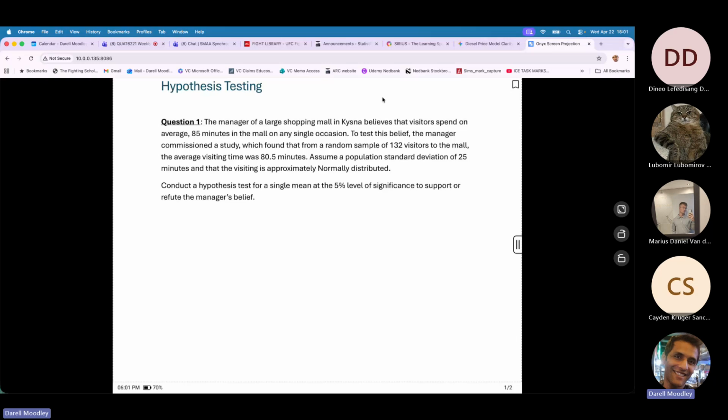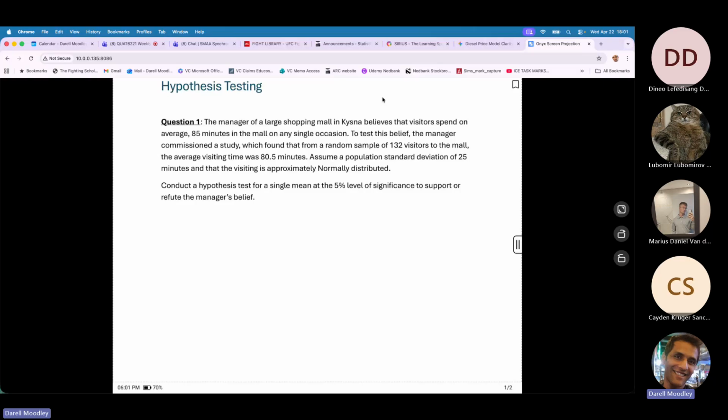about solving it. So if you read this question, it says, the manager of a large shopping mall believes that visitors spend on average 85 minutes in the mall on any single occasion. Now, to test this belief, the manager commissioned a study which found that from a random sample of 132 visitors to the mall, the average visiting time was 80.5 minutes.